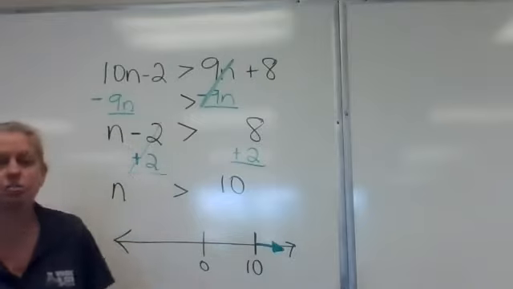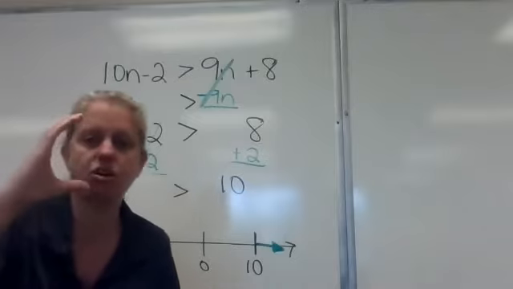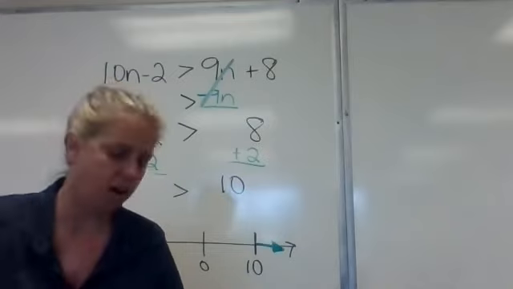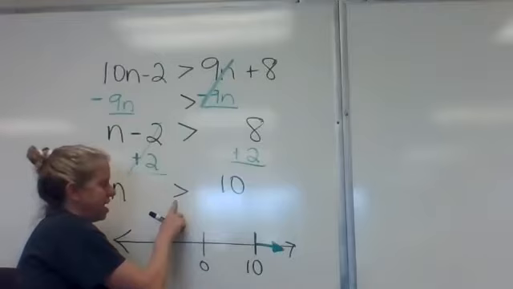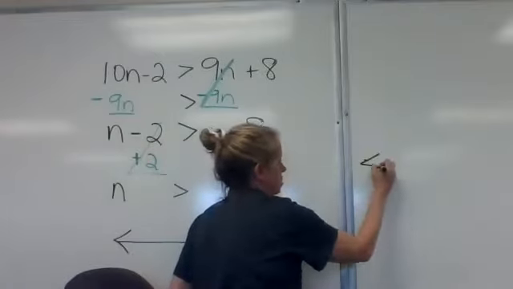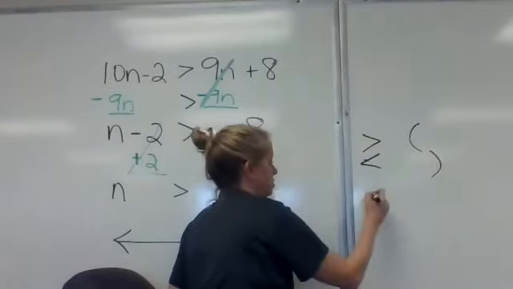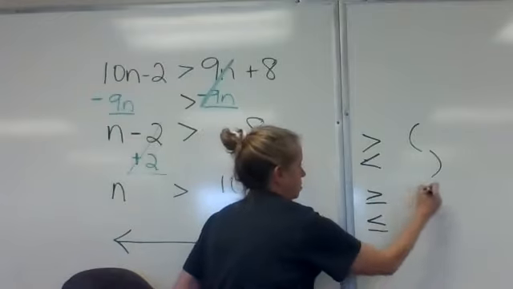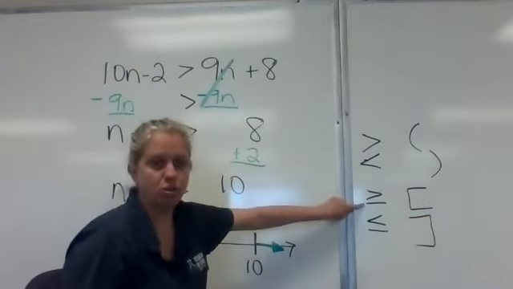And now I need to decide what kind of symbol I'm putting on the 10. Now remember when we did these, it's either going to be a parenthesis or a bracket. So when we have just a greater than or less than, it's going to be a parenthesis, right?